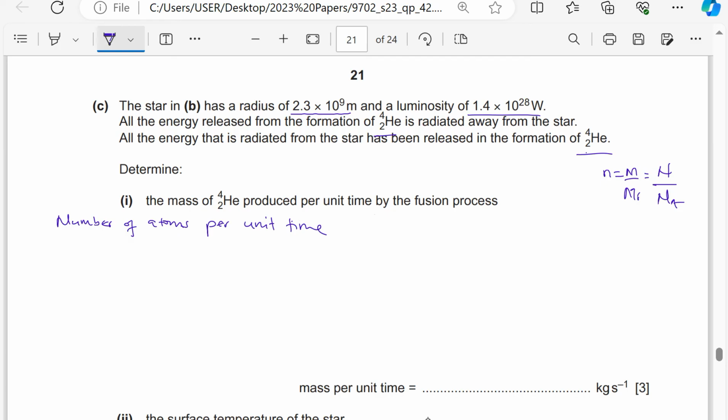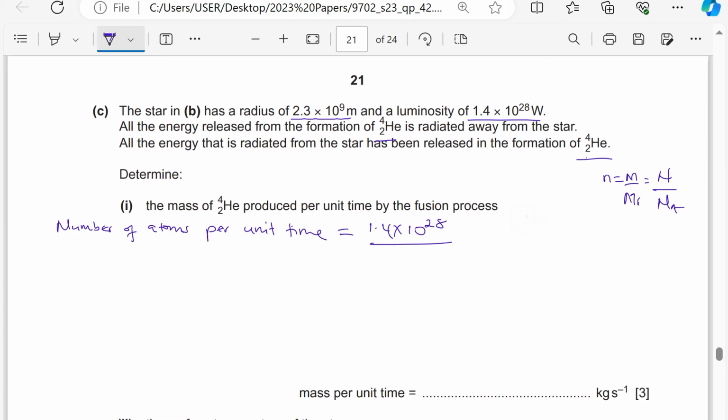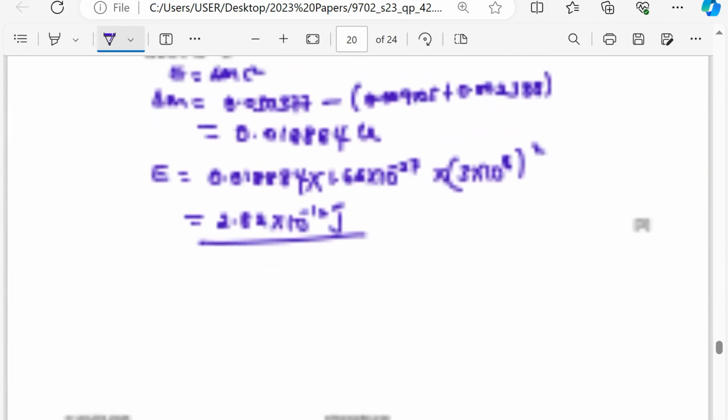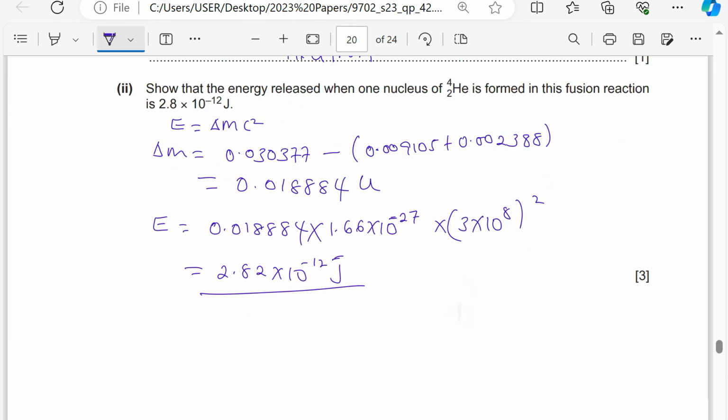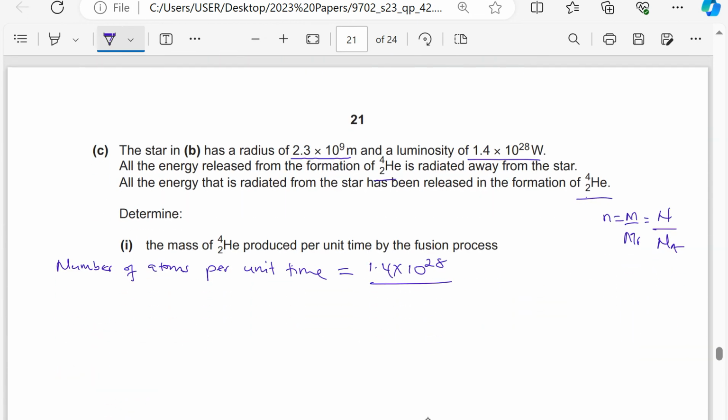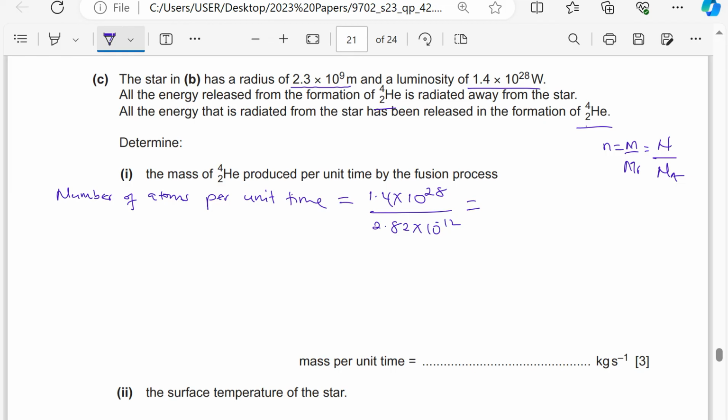So the energy is 1.4 times 10 to the power of 28 divided by the energy of each helium, which is 2.82 times 10 to the power of minus 12. So this is going to be the number of atoms per second.